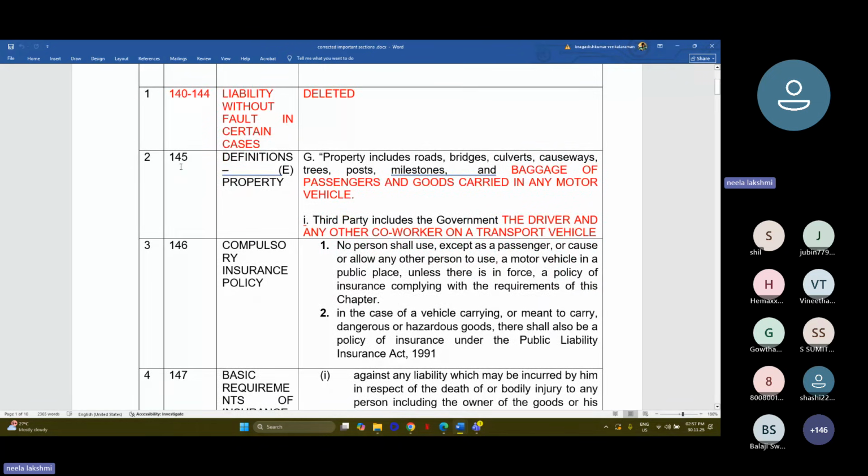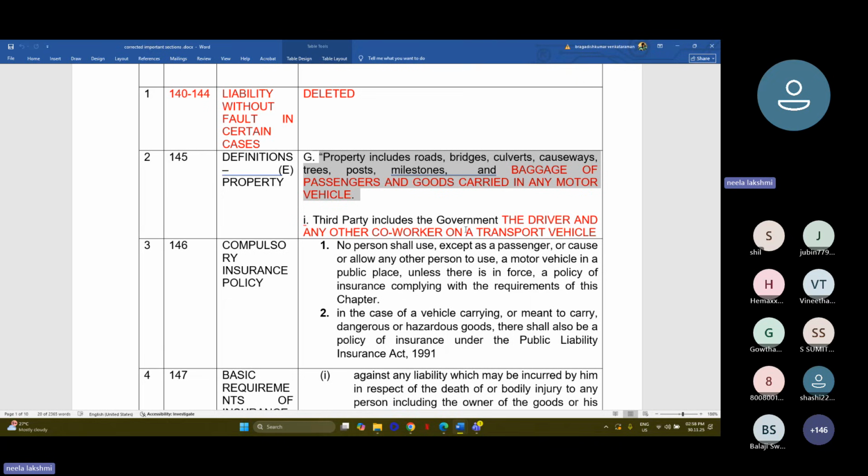Section 145. There is a slight modification in this section, which is highlighted here. Already, property included roads, bridges, culverts, causeways, trees, posts, milestones, etc. in the earlier section.